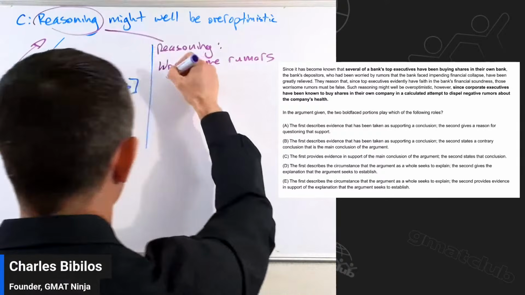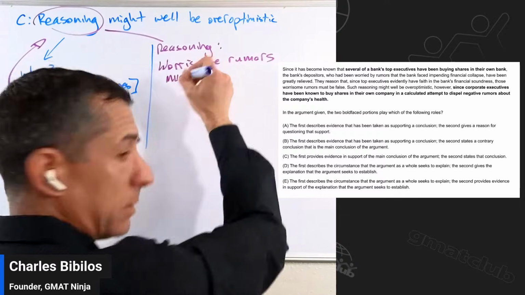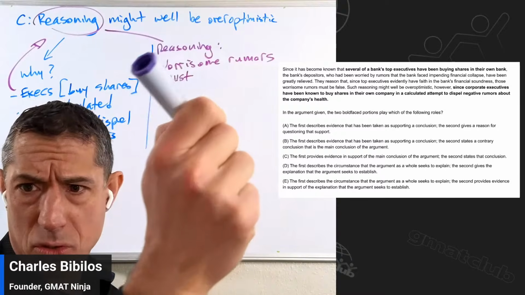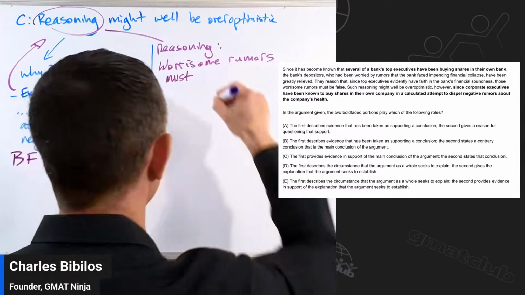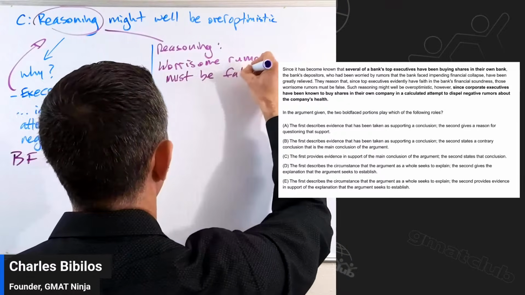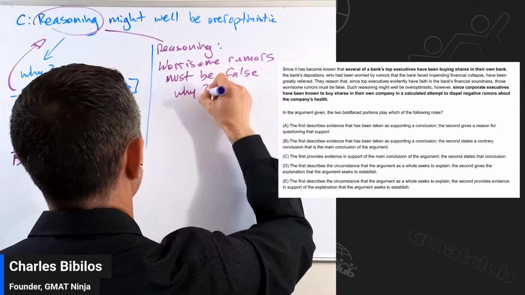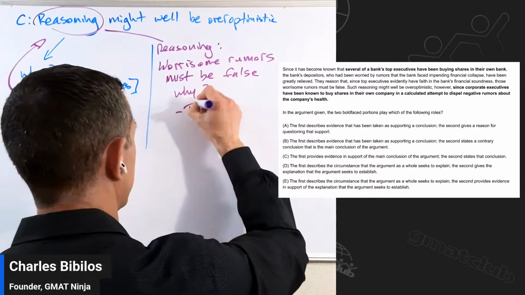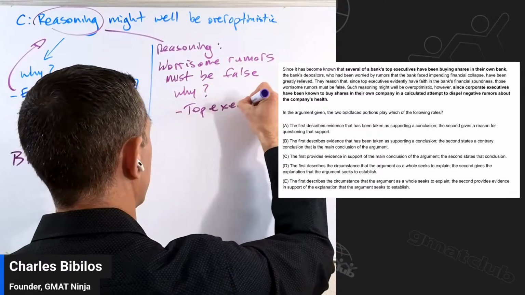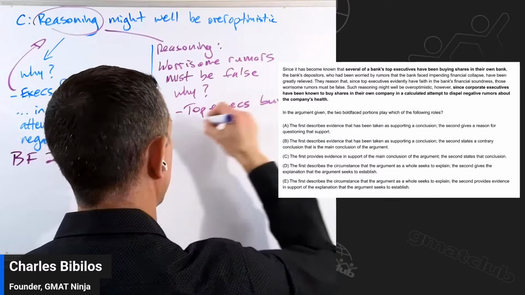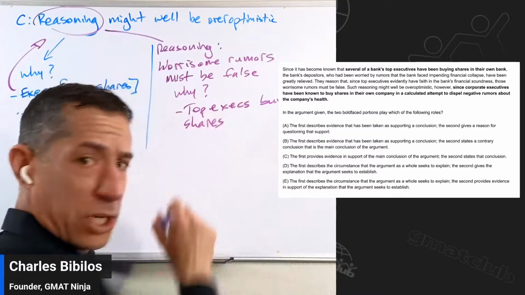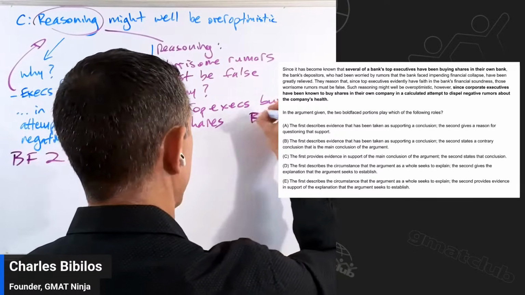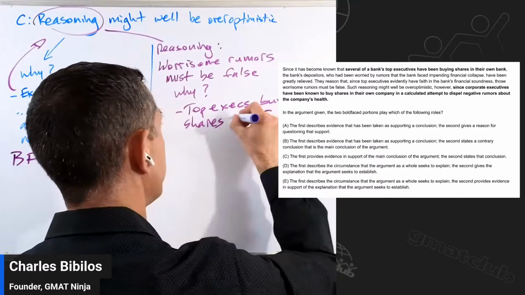All right, worrisome rumors must be false. Is that right? Yeah, must be false. And why is that? Well, top execs have been buying shares in their own company, so buy shares in their own bank. So here's your boldface 1, by the way, right here.